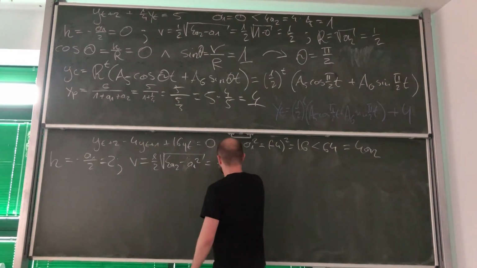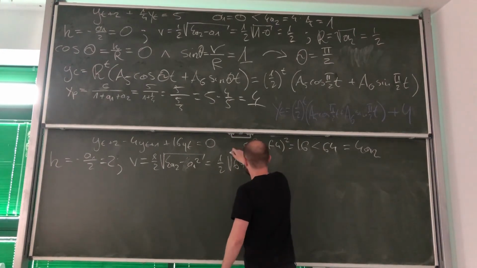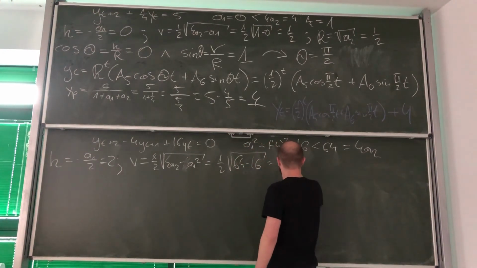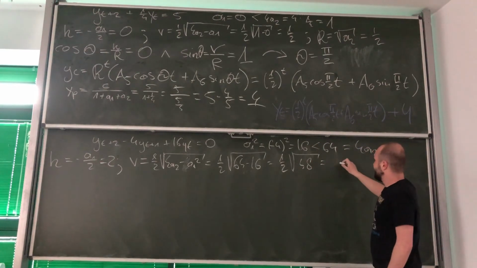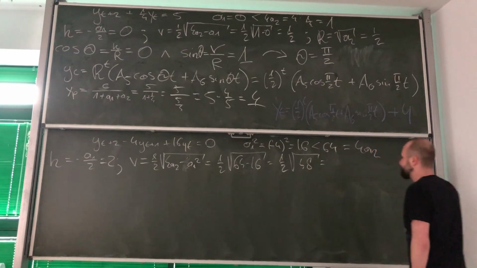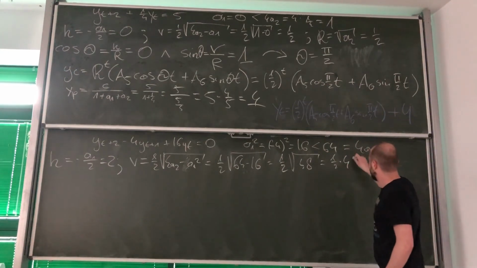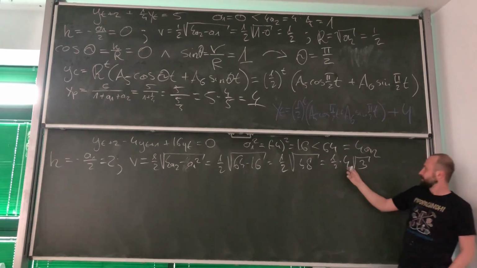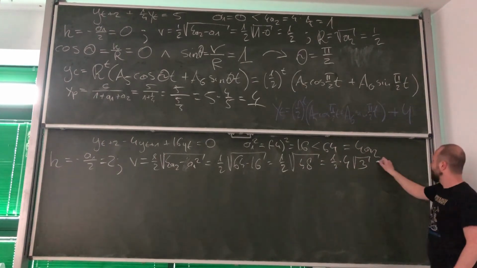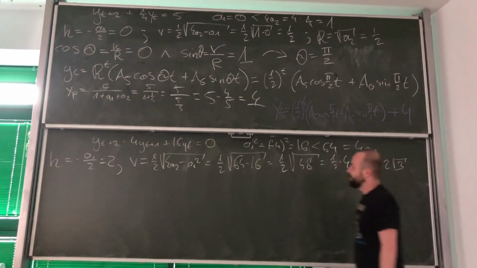In this case, we get that this is 1 over 2 square root of 64 minus 16. So this is 1 over 2 square root of 48. This is the same as 1 over 2 times 4 times square root of 3, right? We can take 16 out of the square root, so we get 4. So this gives us 2 square roots of 3.